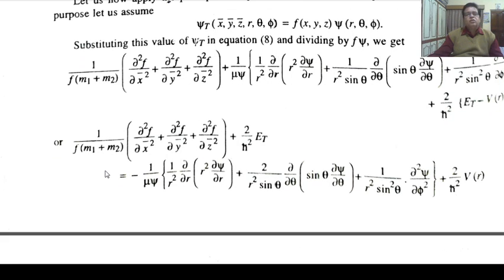Now just take the f terms on the left hand side and the psi terms on the right hand side, because psi t is f psi. F is on the left hand side, psi is on the right hand side. So we separate the variables. Left is a function of f, right is a function of psi, but both are equal only in the special case when the result is equal to a constant.